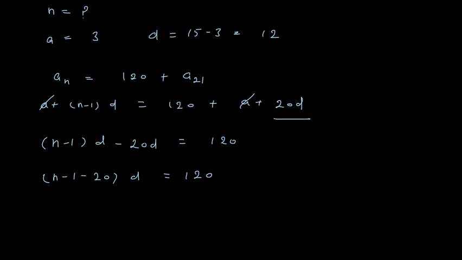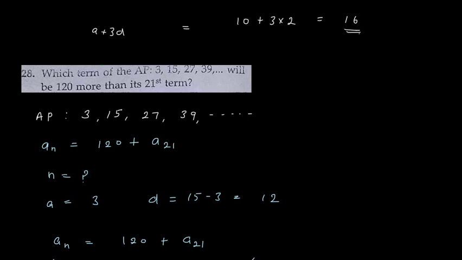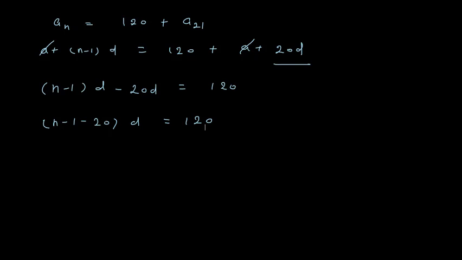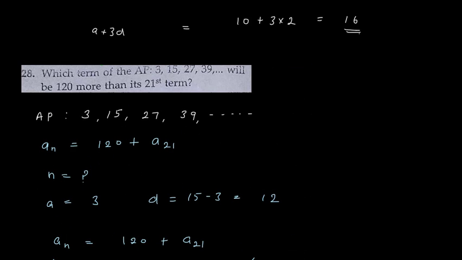The value of d you already know, it is 12. So it's my mistake. Instead of doing the calculation like this, you can put the value of d as 12.